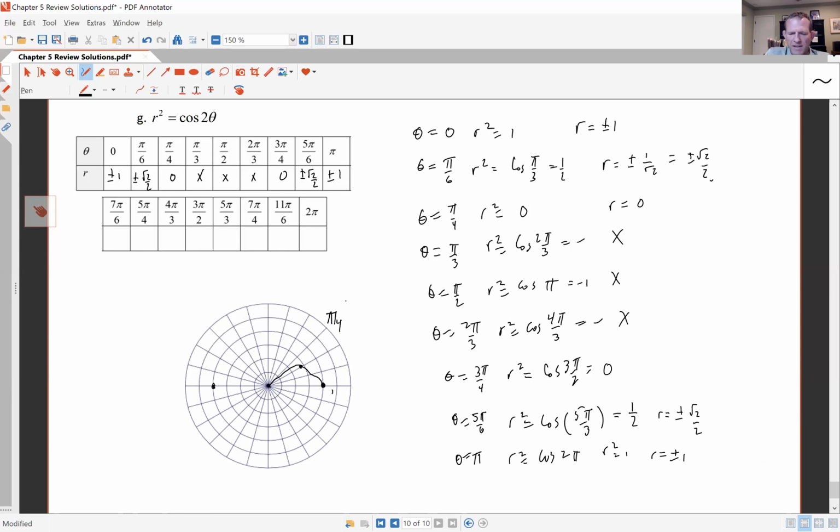But remember, we also got the negatives of those. So pi over 4 is 0, and pi over 6 is negative 0.7. And then we got back to 0. So we're looking at this.